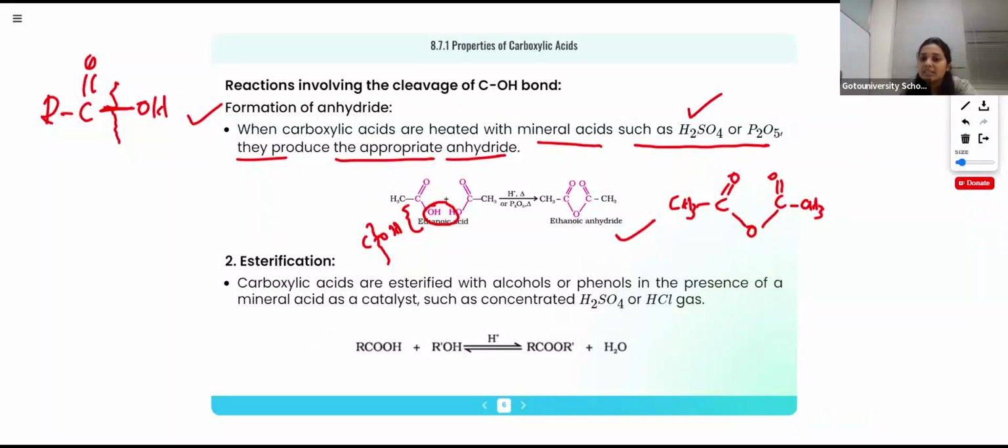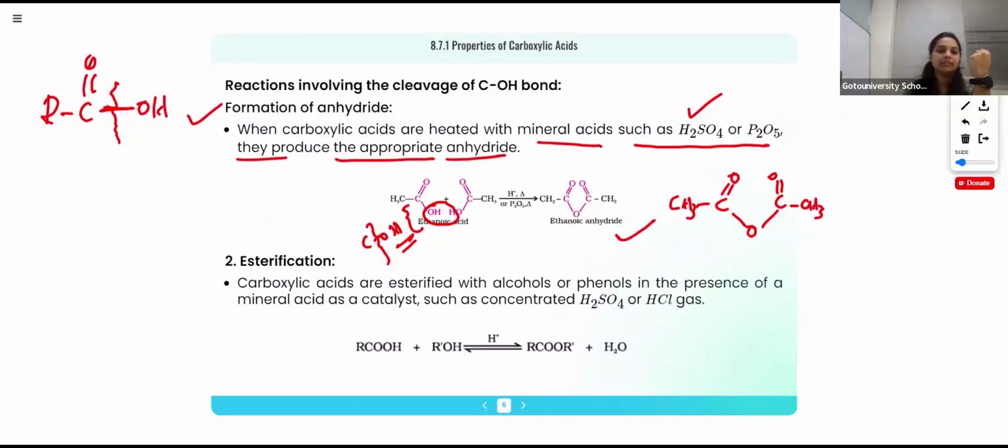Why are we using concentrated sulfuric acid? Sulfuric acid is a dehydrating agent, meaning it can take the water present in a compound. So this is the formation of anhydride. In the formation of anhydride, the bond between carbon and hydroxyl group should break.